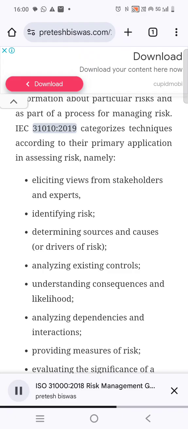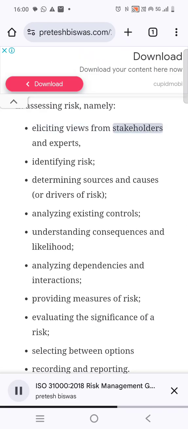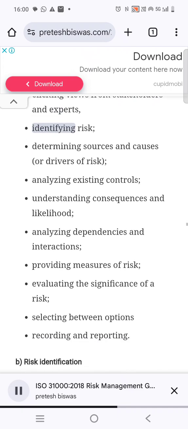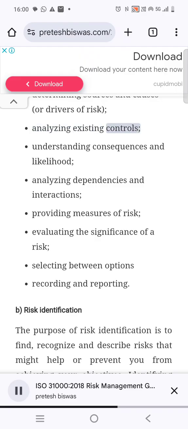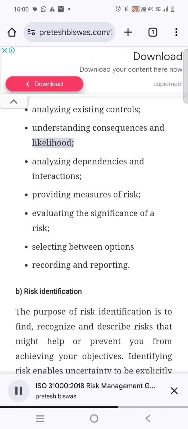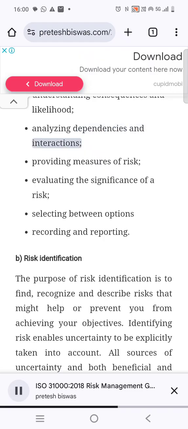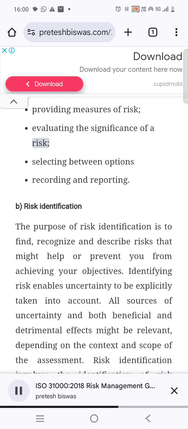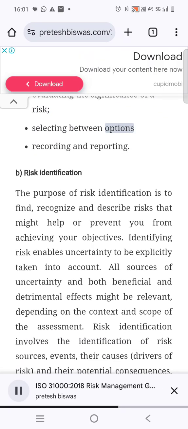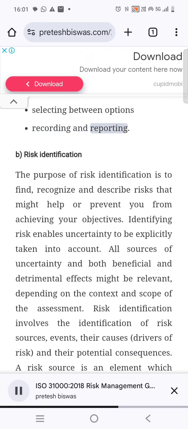IEC 31010:2019 categorizes techniques according to their primary application in assessing risk, namely eliciting views from stakeholders and experts, identifying risk, determining sources and causes, or drivers of risk, analyzing existing controls, understanding consequences and likelihood, analyzing dependencies and interactions, providing measures of risk, evaluating the significance of a risk, selecting between options, recording and reporting.